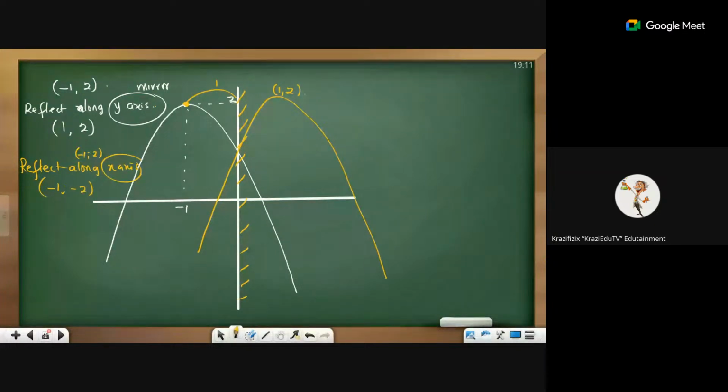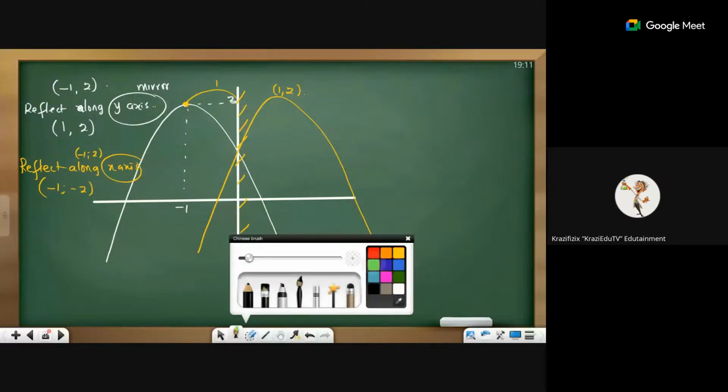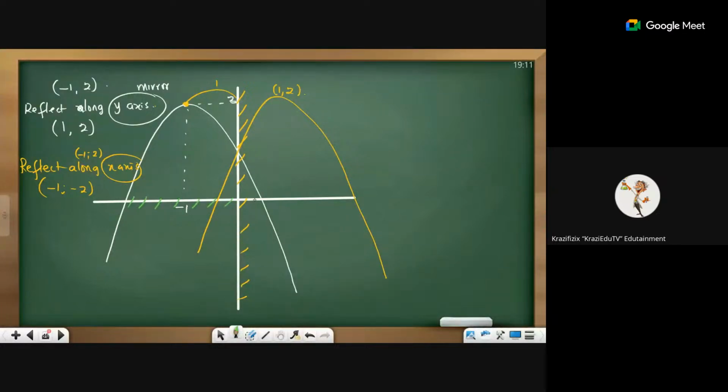We are now saying the x-axis is the mirror. Where is the point we are reflecting? It's 2 above the x, above the mirror. If it is 2 above, where will it be now? 2 below. So basically, our graph is looking like this because we are just turning it upside down.